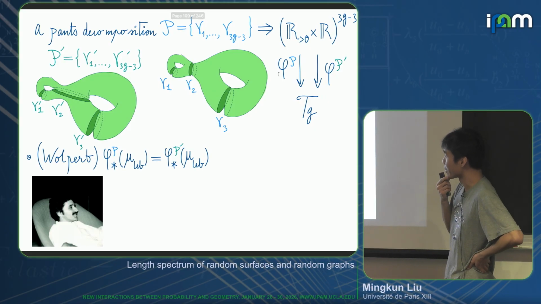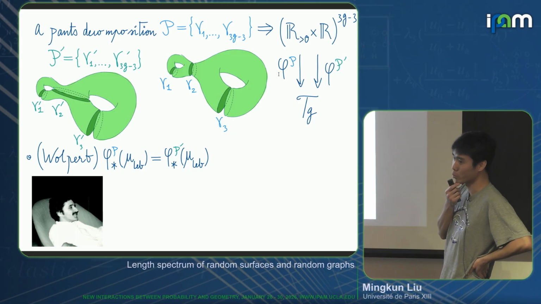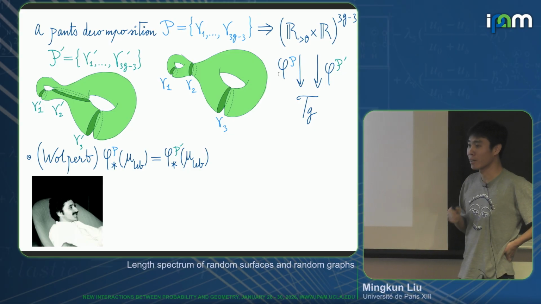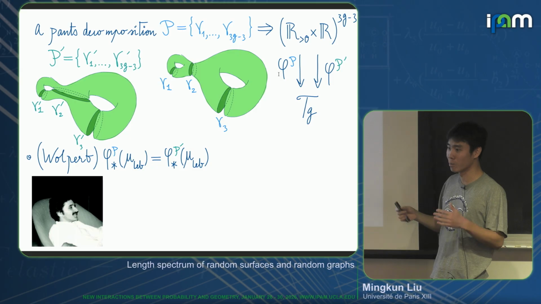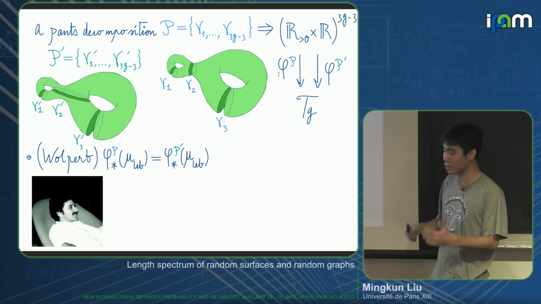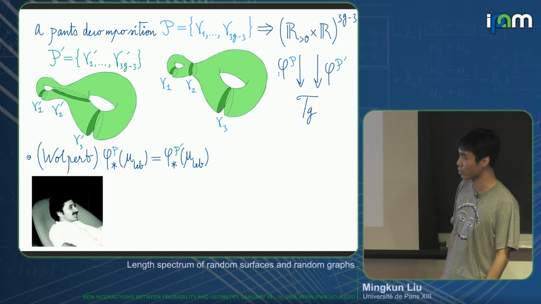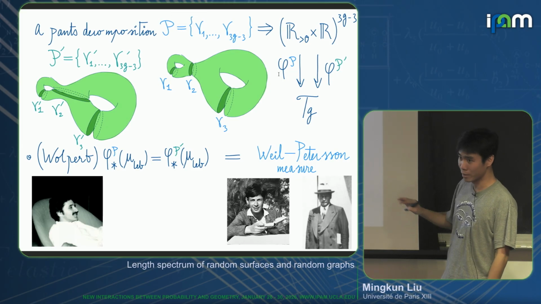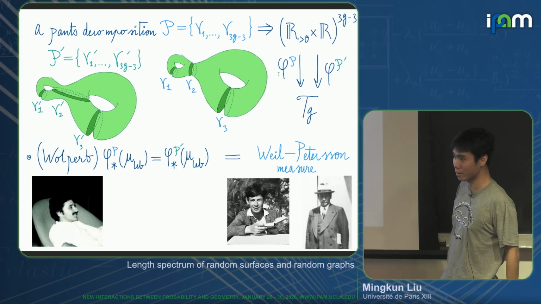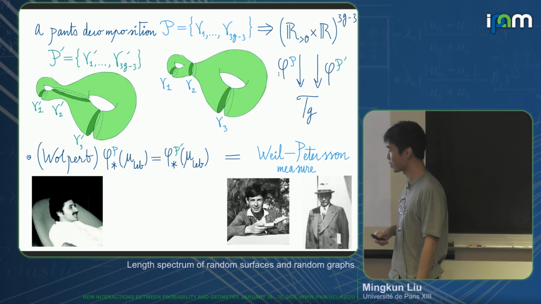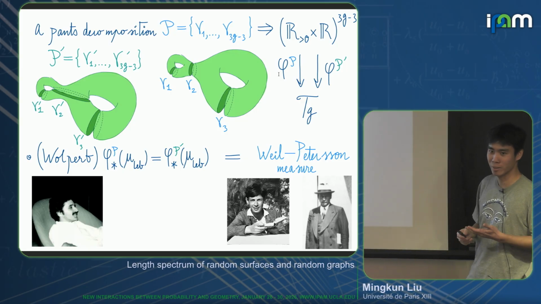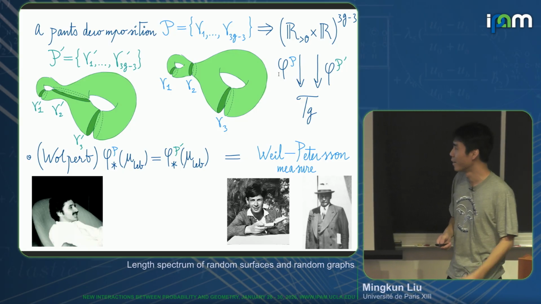The miracle is a corollary of something called the Wolpert magic formula. Actually, they do coincide. All of these copies are exactly the same Lebesgue measure on the attachment space. People normally call this, to be fancier, the Weil-Petersson measure, but it's actually just the Lebesgue measure.